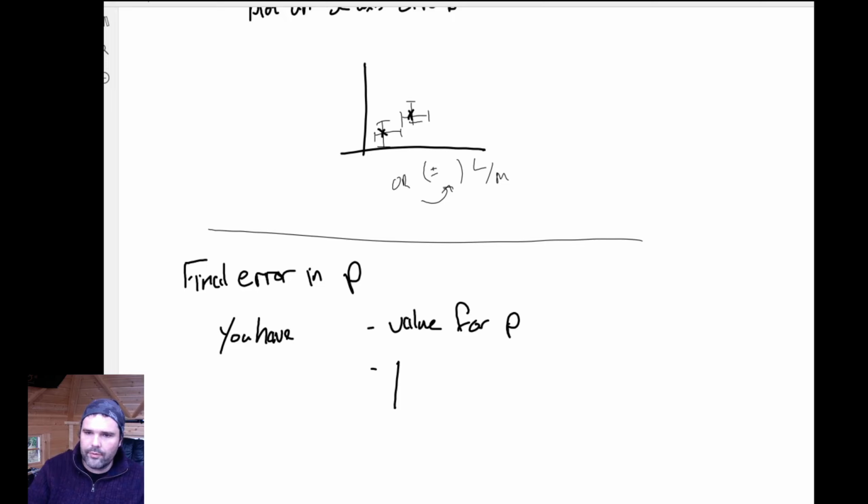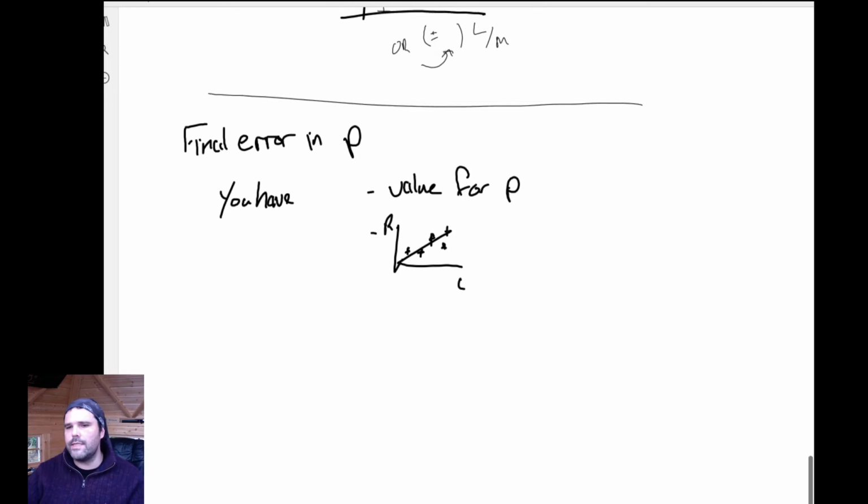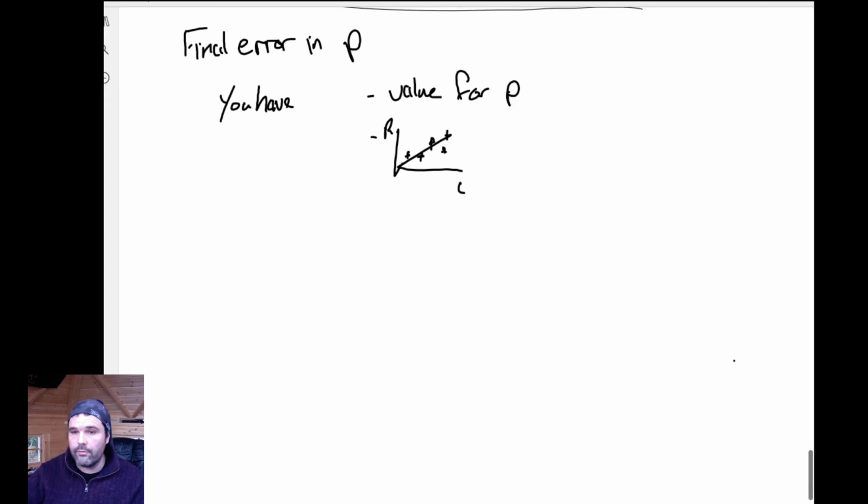How useful is it? So we've got a value for rho. We've got a graph with a straight line, and hopefully we've got some points, and we might have some error bars. Or if nothing else, we've got some errors at least on the axes. At this point, it's easier if you can get error bars on the graph because it makes this next bit a little bit easier. But the chances are, a lot of the time, you're going to find your errors are too small.